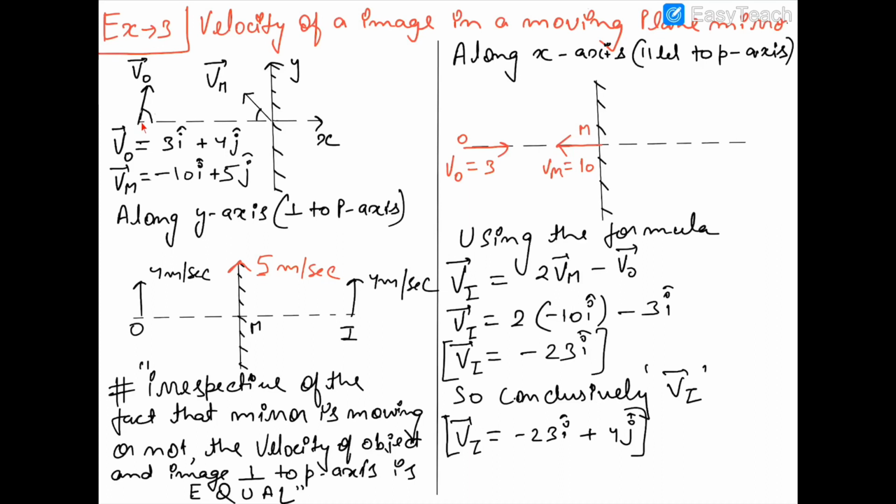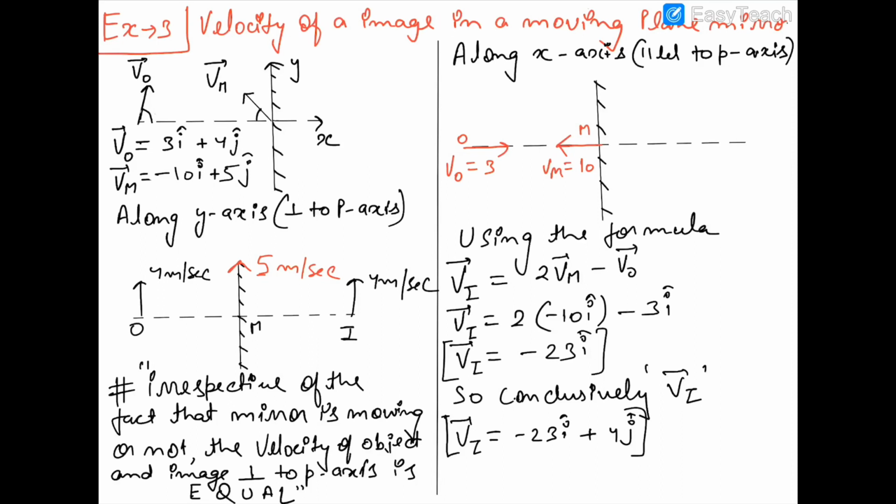This is an object whose velocity is Vo, and this object is moving in the first quadrant. In fact, the velocity of the object is given as 3 i cap plus 4 j cap. So it is moving in the first quadrant and the mirror is moving in the second quadrant.